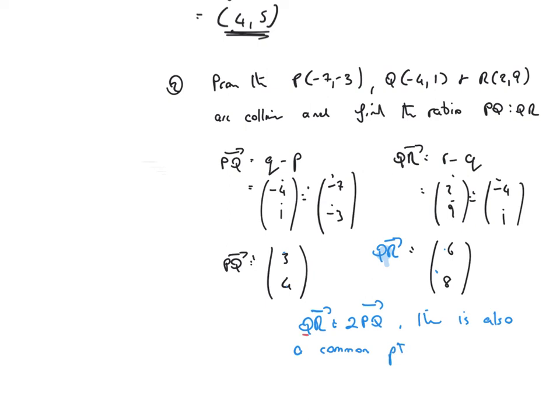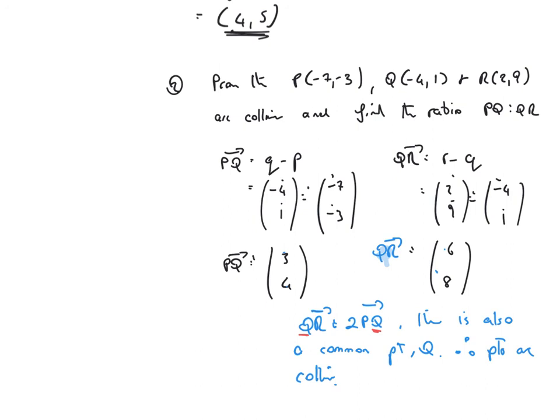Well, it's clearly Q, so I'm going to go ahead and name that. Therefore, the points are collinear. Meaning what again? Meaning that they lie on the same straight line. Okay. Right, so the next move is to find the ratio in which Q divides PR.